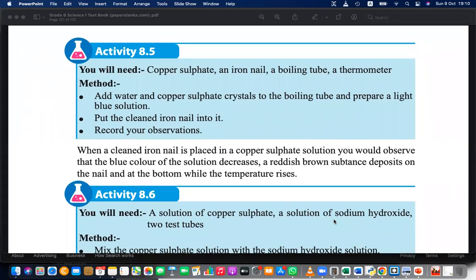What is the result when you put the copper sulfate and then the iron nail into this solution in the boiling tube, with a thermometer? What you need to do is add water.